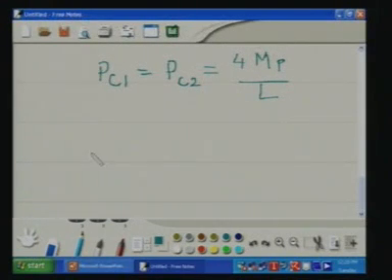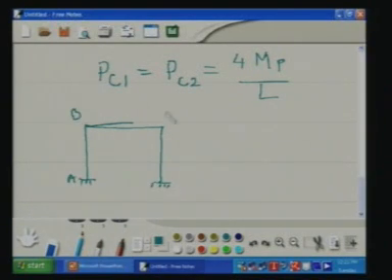So on this basis we will calculate the values of moment. So friends, let us draw the structure again. This is our structure, and you can see a hinge has been formed here, a hinge has been formed here, a hinge has been formed here, and a hinge has been formed here. So the value of moment at this place will be equal to MP.